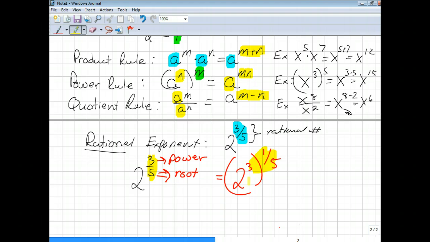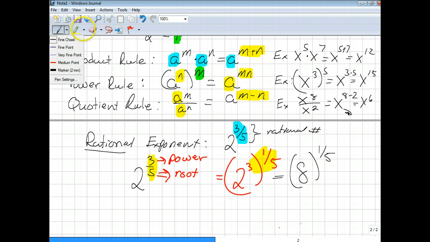So that's 2 to the 3rd power, or 8. Okay? So we have 8 then to the 1/5. The denominator tells you what root to take. So that's telling me to take the 5th root. So the 5th root of 8 is the simplified answer. Okay?